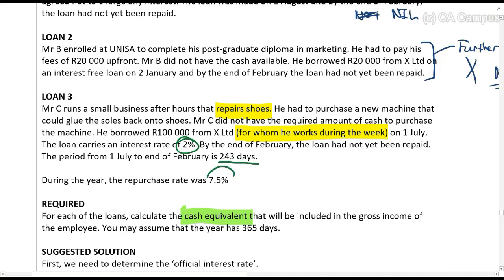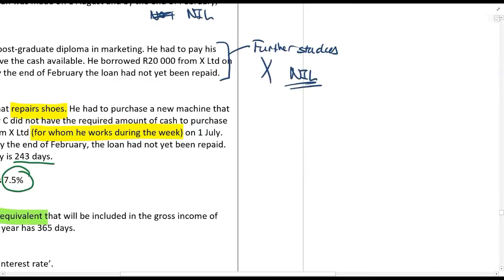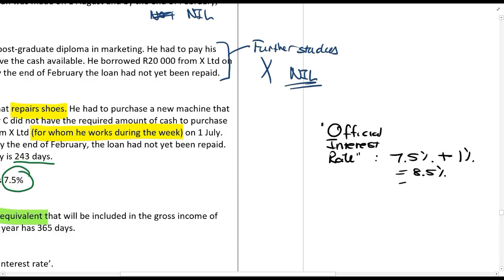And during the year, the repurchase rate, make sure that you see what they say there, the repurchase rate was 7.5%. So if the repurchase rate is 7.5%, then the official interest rate, remember that's a term, is 7.5% plus 1%, so 8.5%. That is the official interest rate.